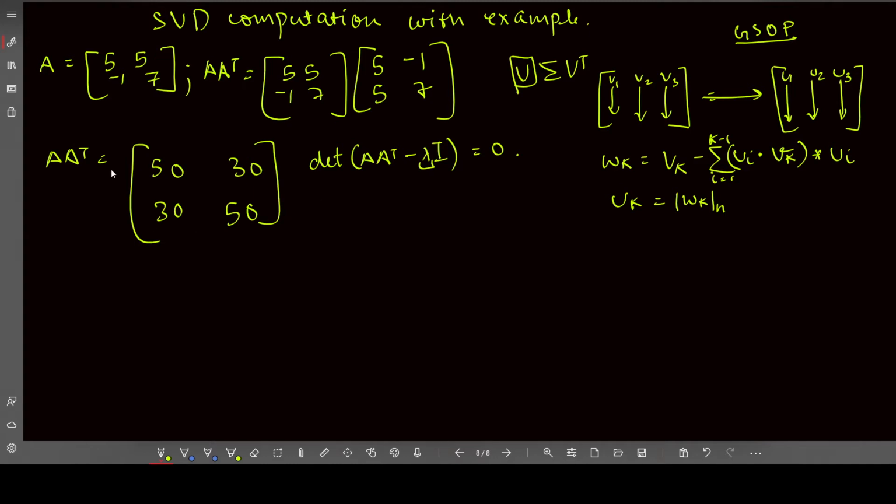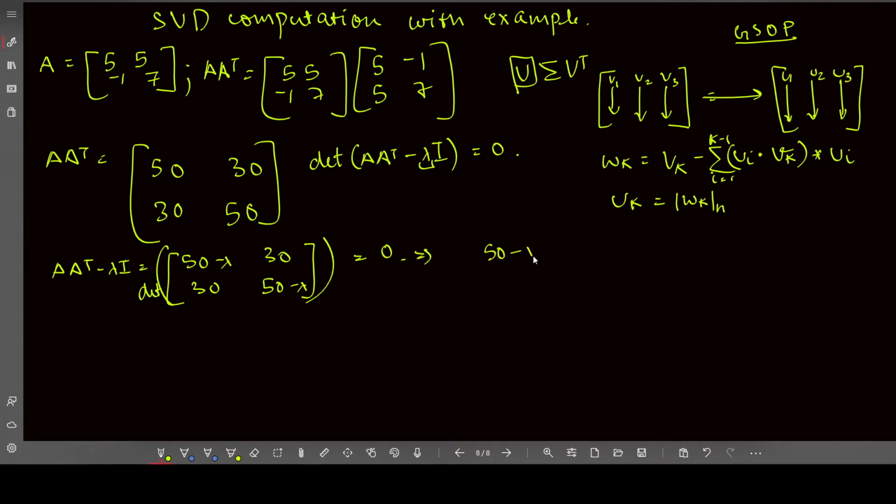So when you calculate this, A transpose minus lambda I is equal to 50 minus lambda, 30, 30, and then 50 minus lambda, right? The determinant of this is equal to 0. So basically we will get 50 minus lambda the whole square minus 900 equal to 0.